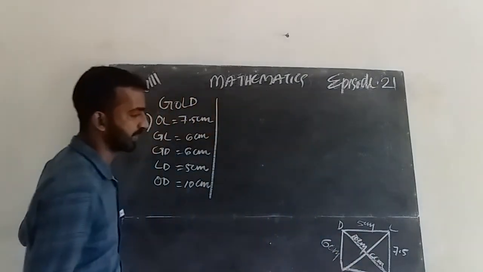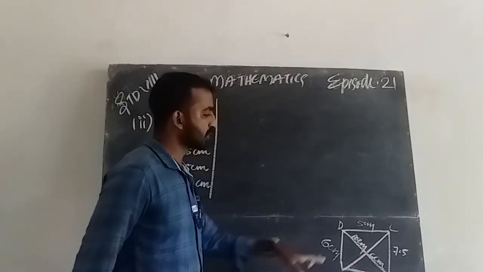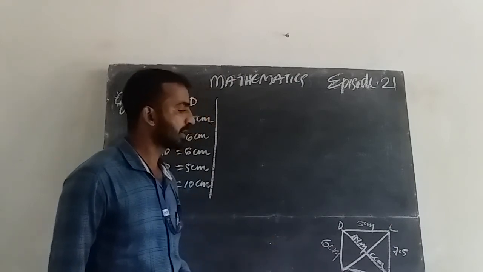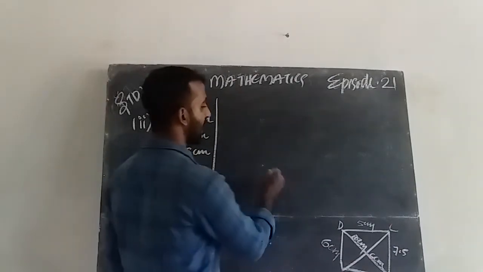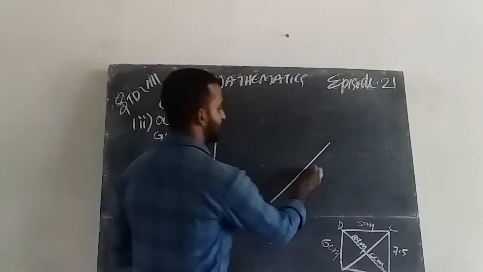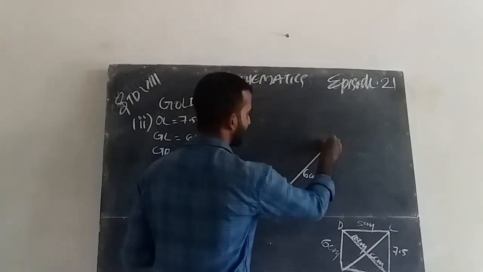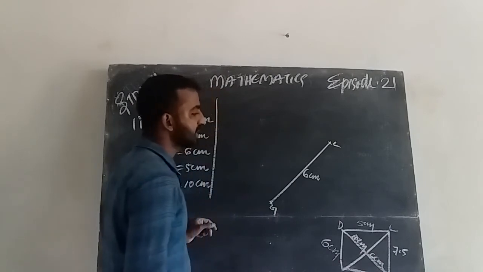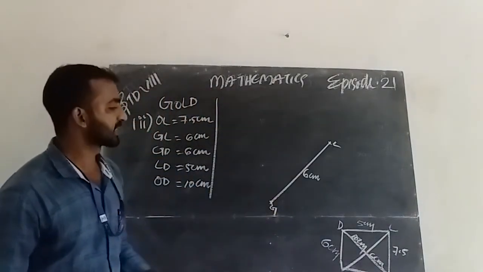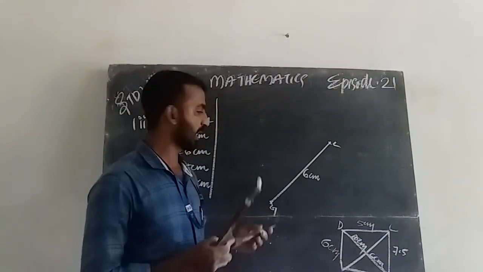First, you can draw any one diagonal. As you like, you can draw the OD diagonal or the GL diagonal. Here I draw the diagonal GL, that is GL 6 centimeter. We denote the names G and here is L. And next we draw an arc with the center G. Distance is 6 centimeter, with the help of compass.